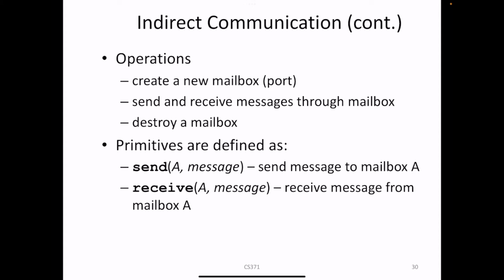For example, we have two processes, P and Q. They want to communicate with each other, so the operating system will create a mailbox A for them, so that P and Q can exchange messages through mailbox A. Later, P and Q want to communicate with process R. Then R can join mailbox A as well.